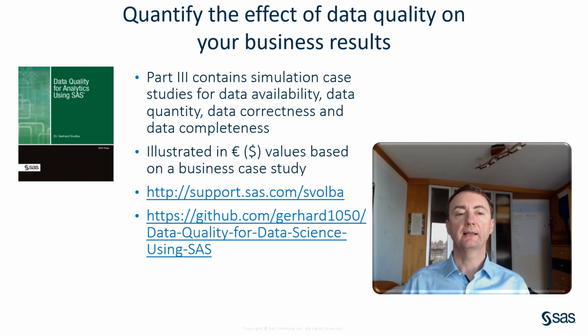You can find there an illustration of a business case study in euro and then in dollar values. What does it mean if certain things happen to your data? How does model quality go down? You can download a couple of examples on GitHub for that, and I plan a future video series like this or a webinar to present more details on that.